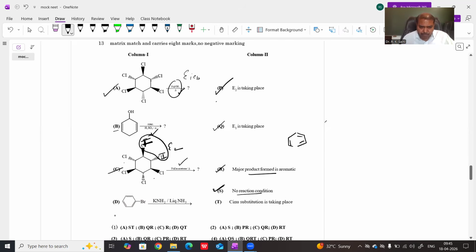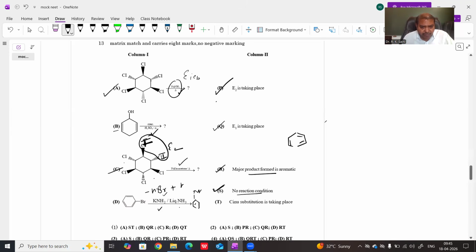And in compound D, bromobenzene reacts with potassium amide in liquid ammonia. This is also a very important reaction because halobenzenes are inert toward SN reactions, but in the presence of a strong base, they undergo elimination-addition. First they eliminate HBr and then add ammonia, and hence the final product is aniline.